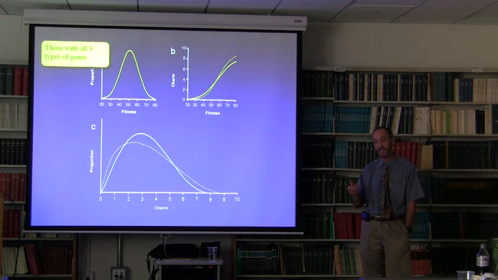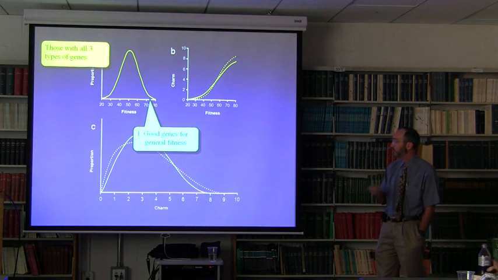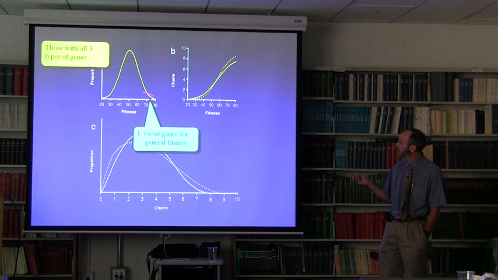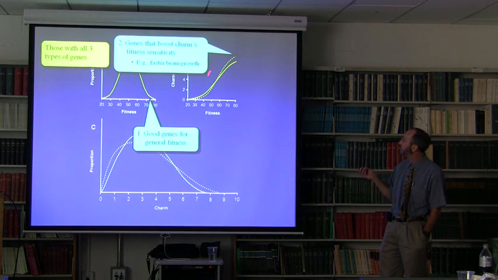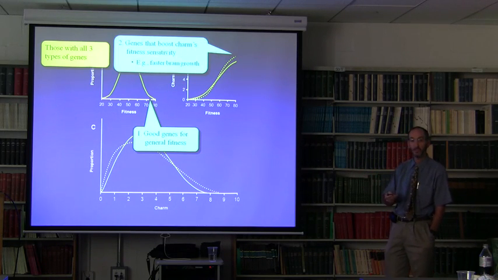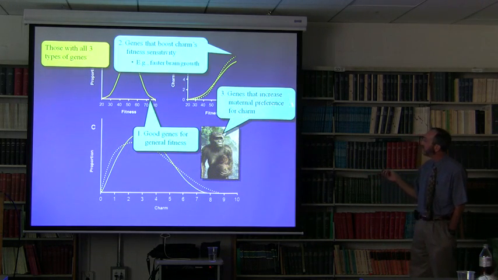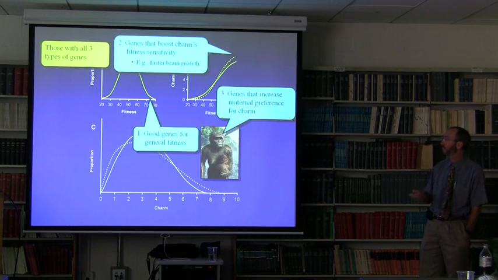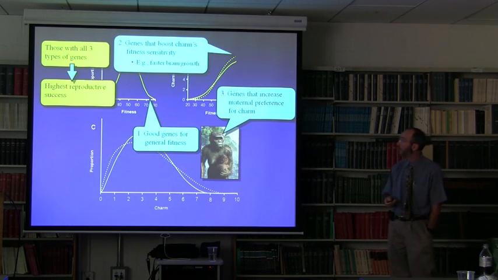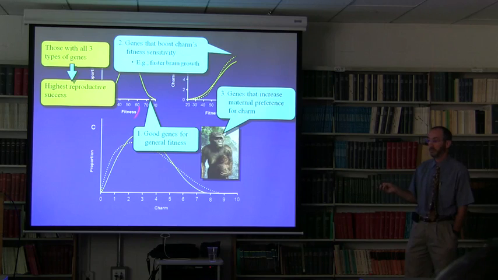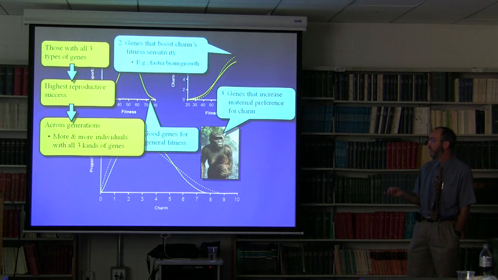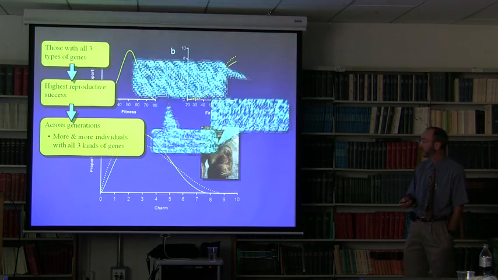Those with all three types of genes, that is, good genes for general fitness, this extreme of the distribution, genes that boost fitness sensitivity, for example, by requiring faster early brain growth, and genes that increase the maternal preference for charm. Individuals with all three types of genes would have the highest reproductive success. And in subsequent generations, there would be more and more individuals with all three kinds of genes.